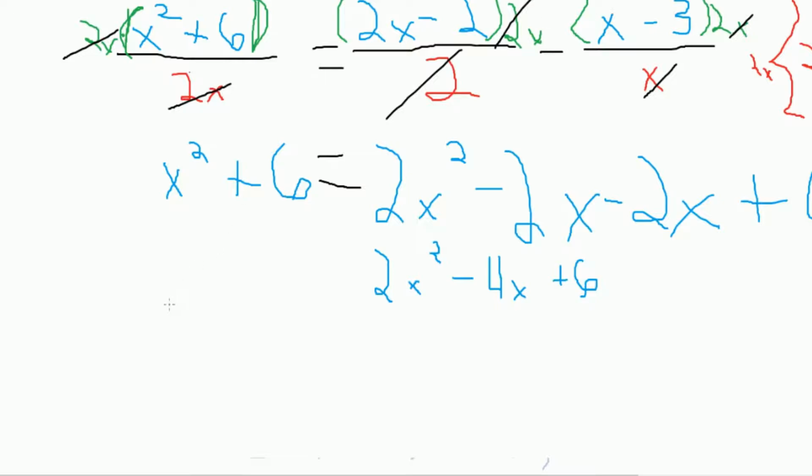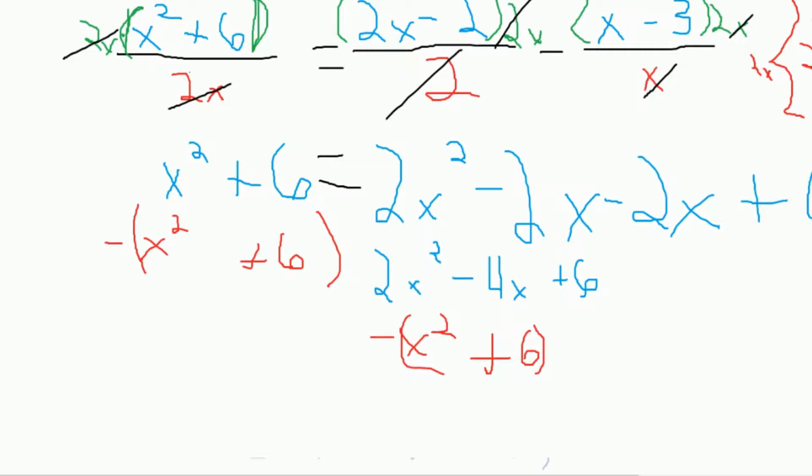So we need to subtract x squared plus 6 from both sides, to get an answer in purple being 0 equals x squared minus 4x.